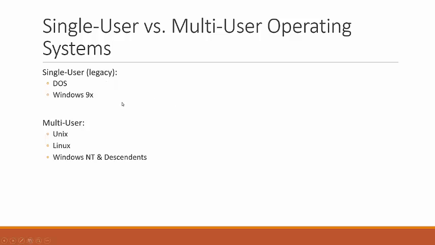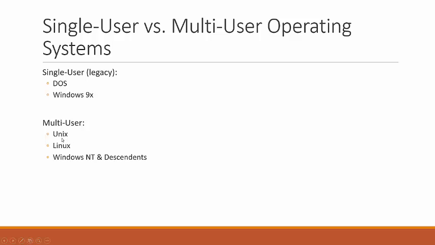Multi-user operating systems allow for more than one person to log into the system either at a time or just individually, but to maintain their own identity while they're doing so. Unix really was devised back in the late 60s to create a multi-user operating system. That was the whole point behind it.